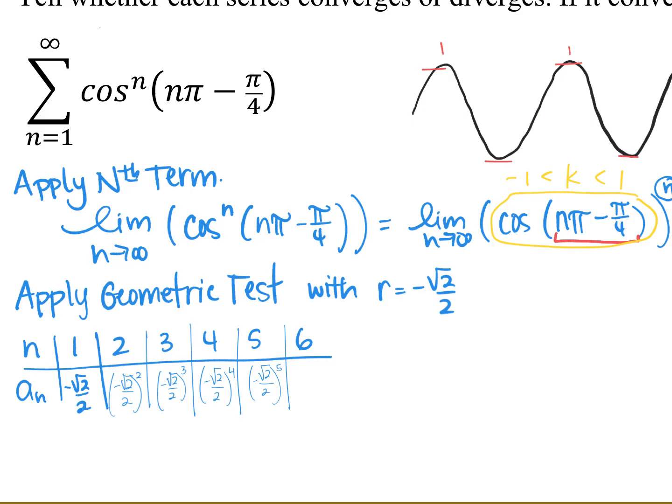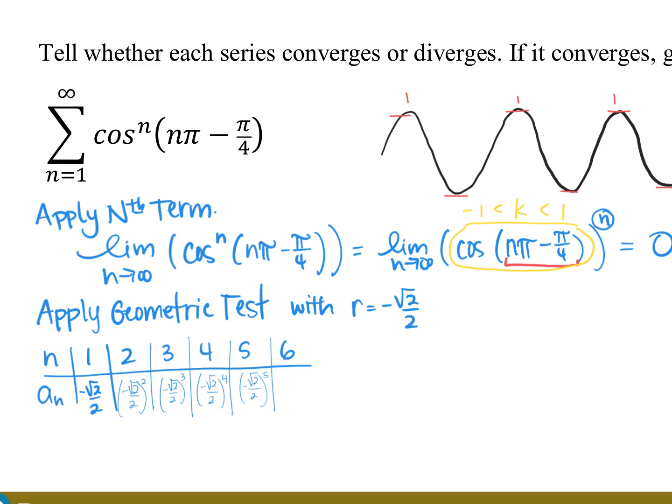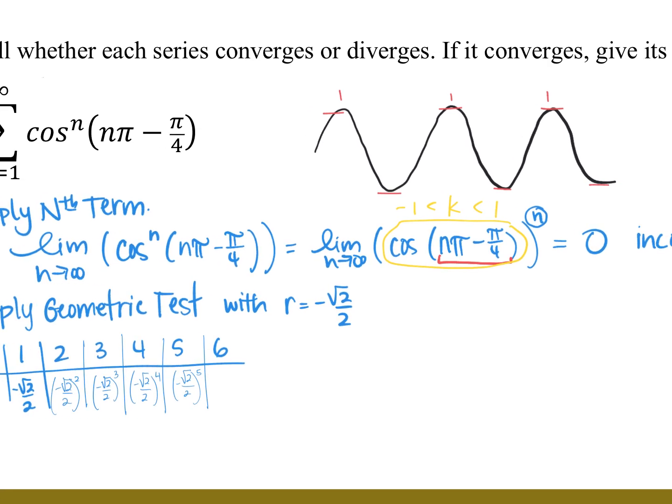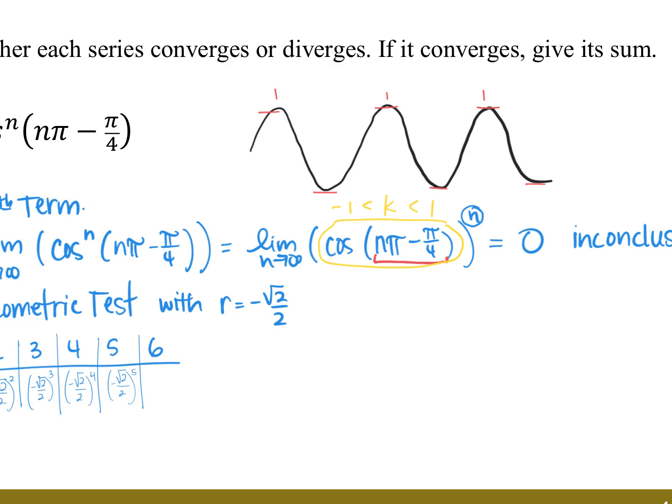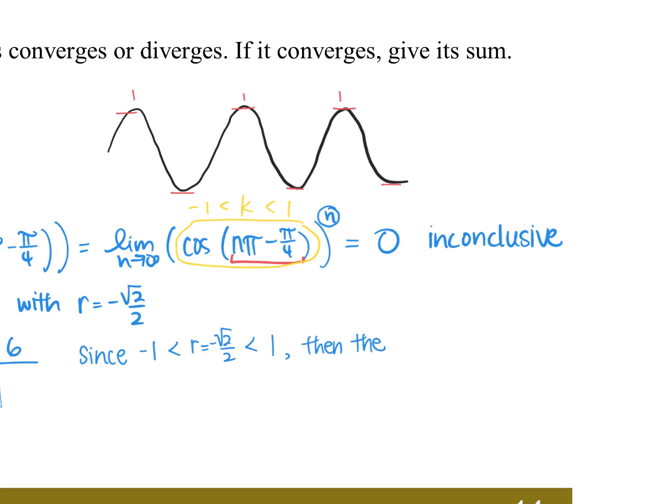So then we want to determine, is r between negative 1 and 1 itself? And so, yeah, the square root of 2 divided by 2 is a value in between. So since negative 1 is less than r, which is equal to negative rad 2 over 2, which is less than 1, then the series will converge.